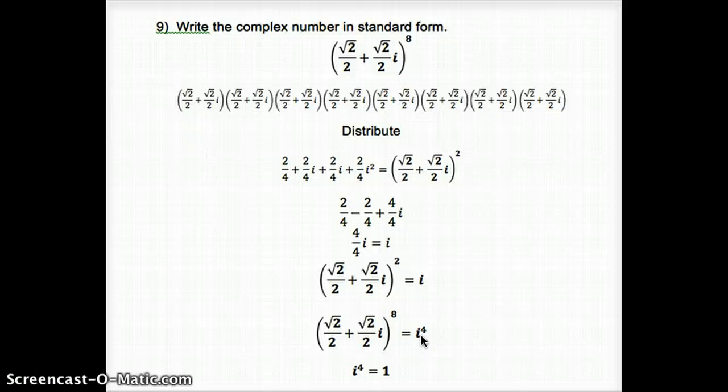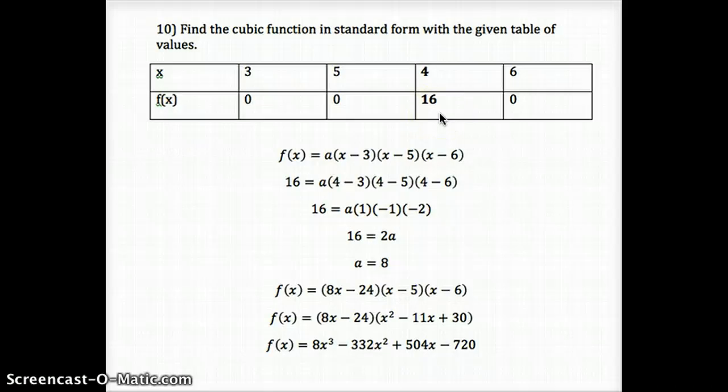For number 10, we are finding the cubic function in standard form with the given table of values. So to start, you're looking for an x value that has a y value that is anything but 0. So in this case, it's 4 and 16. So you can single those out and use the others, which are 3, 5, and 6, to make an equation here. So we have f of x equals a times (x minus 3) times (x minus 5) times (x minus 6).